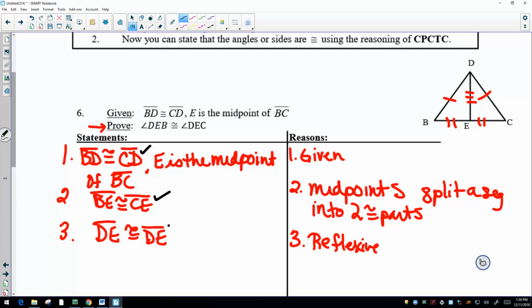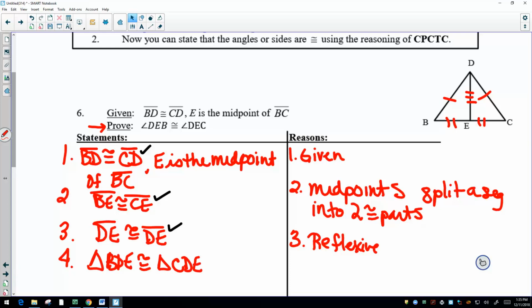There's 1, 2, 3. That means look at your picture and see, does it fall into one of the methods to prove triangles congruent? And it does. So I can now say triangle BDE is congruent to triangle CDE, keeping our parts in order, corresponding parts. And I can say because of side, side, side.